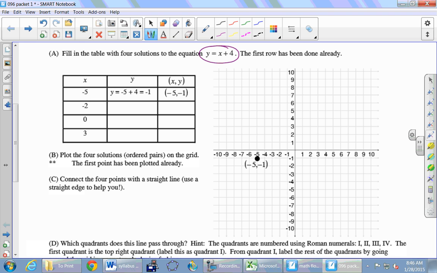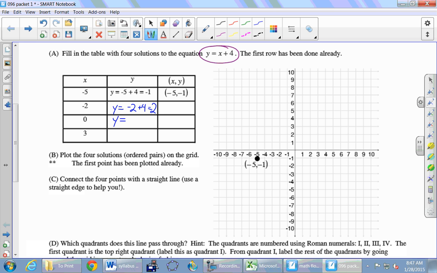And then we'll fill in the next few rows. So in this case, again, it's normally Y equals X plus 4, but what am I putting for X here? -2, and then plus the 4. Everyone see it? In that second row, I chose -2 for X, and we add those and we get 2. And then we got 2 more to do.